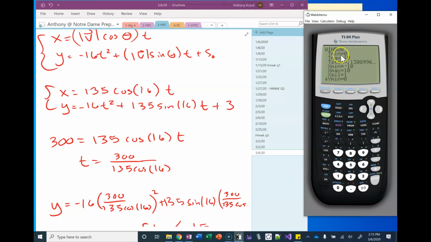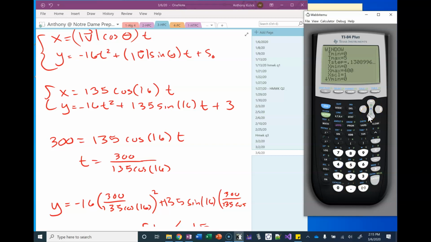The last thing I need to do is set up my window. Those of you that are baseball players, how long does a ball that's hit like 300 feet stay in the air? Just give me a rough estimate. 5 seconds seems reasonable. The values for x, well, we're going 0 to 300, so I want a little bit more than 300.